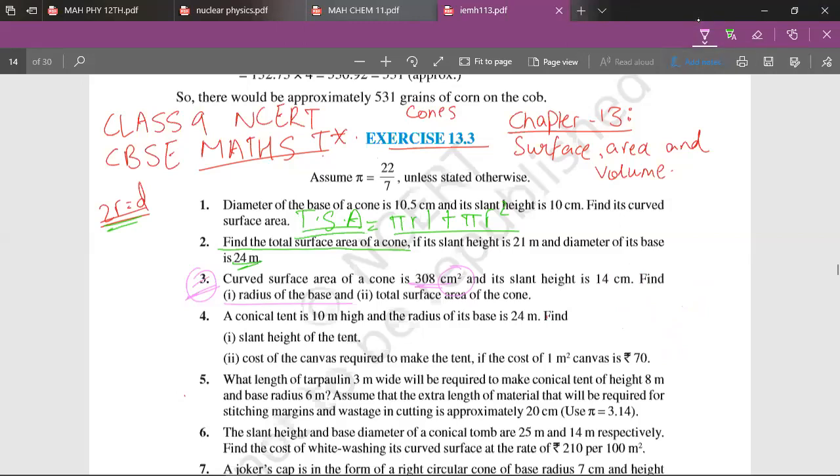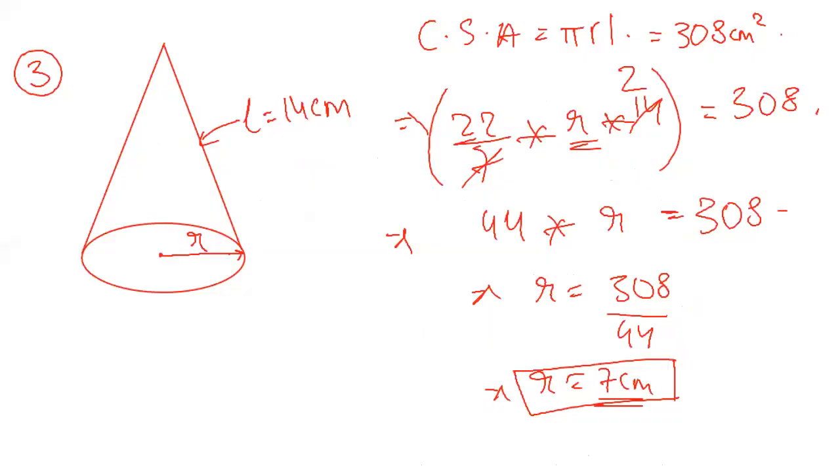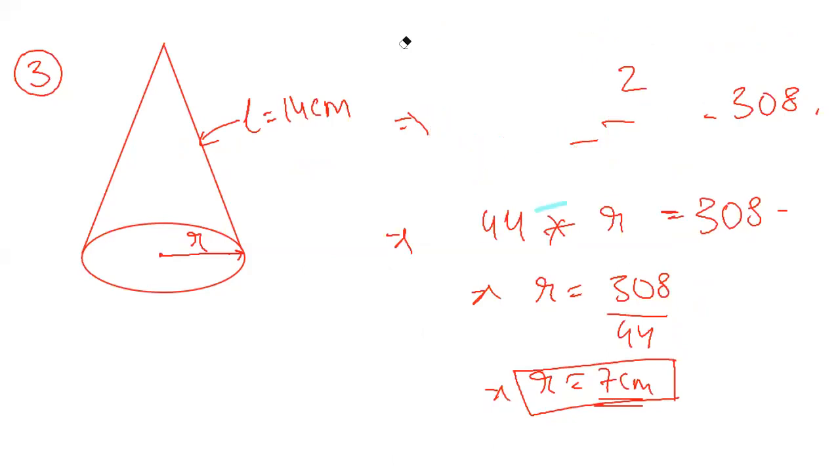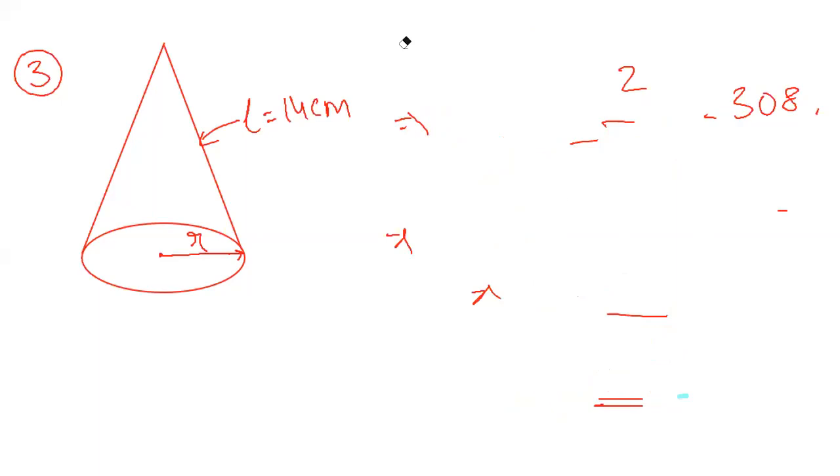Okay, now onwards to the second question. It tells us to find the total surface area of the cone. Again, please memorize the formulas. We have drawn our figure, so I'll erase a bit. Great.